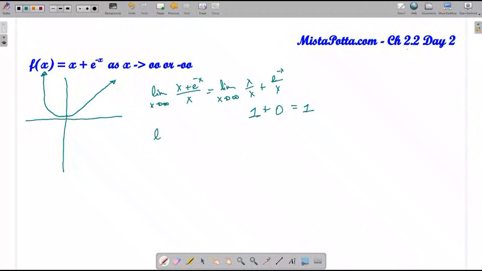As I look as x goes towards negative infinity, I'm looking at x plus e to the negative x over e to the negative x.